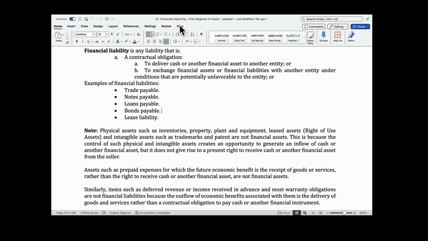And it can also be an obligation to exchange financial assets or financial liabilities with another entity under conditions that are unfavorable.